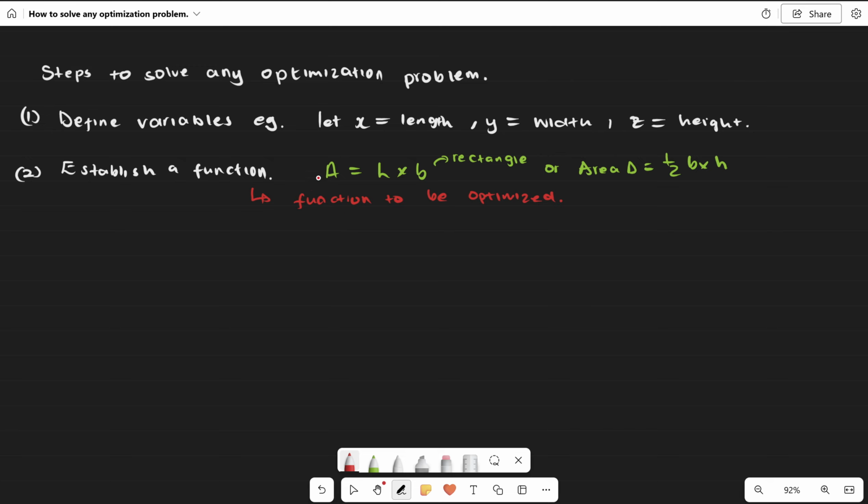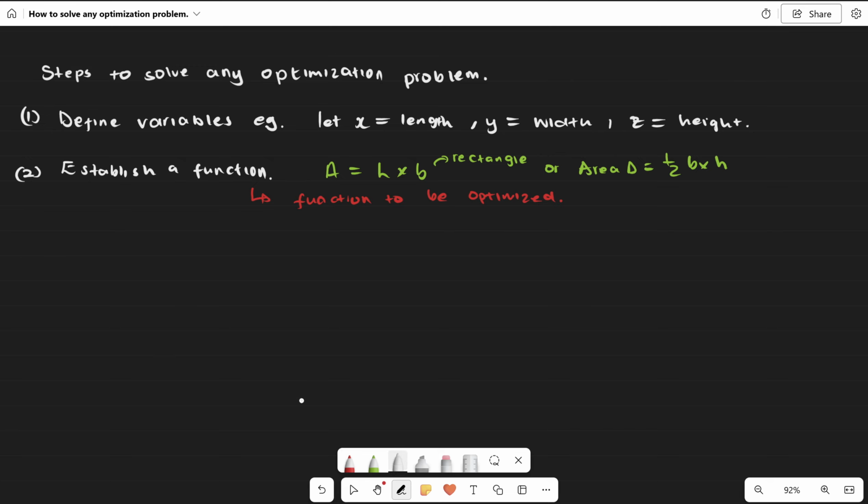So if you're dealing with area equal to length times breadth, our area is our function to be optimized, right? I'll also explain the other type of function that we're going to be dealing with. So step 2 is to establish a function to be optimized, right?